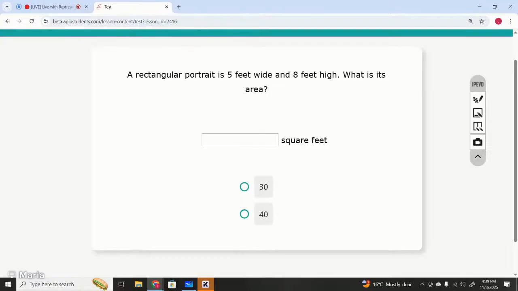A rectangular portrait is 5 feet wide and 8 feet high. What is its area? So which is the correct option?